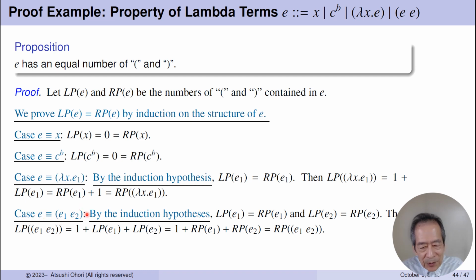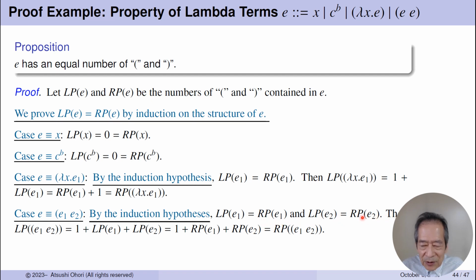Similarly, for this component, you have two occurrences of lambda terms E1 and E2. For these two, you have two induction hypotheses. So the proof goes by the induction hypotheses, and you write down the two induction hypotheses, this one and this one.